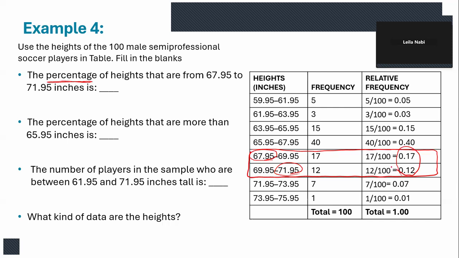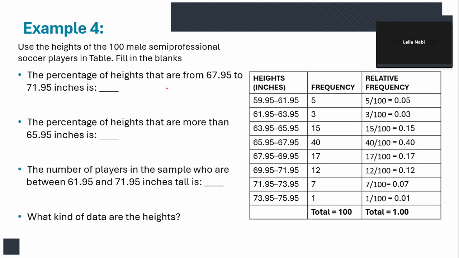What is 0.17 plus 0.12? It's 0.29. And if it's asking about the percentage, multiply by 100, and it gives you 29%.